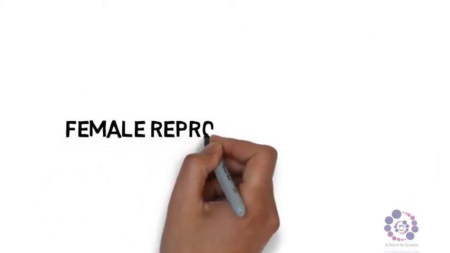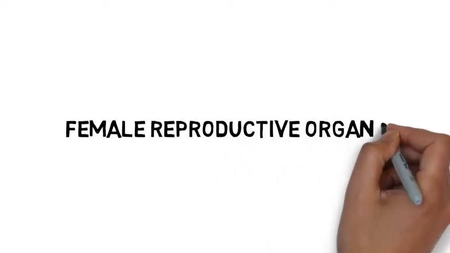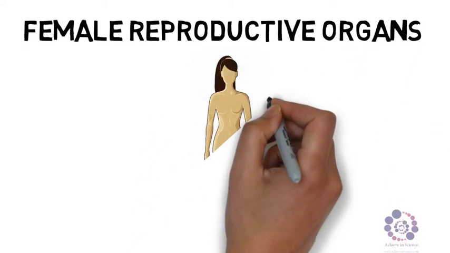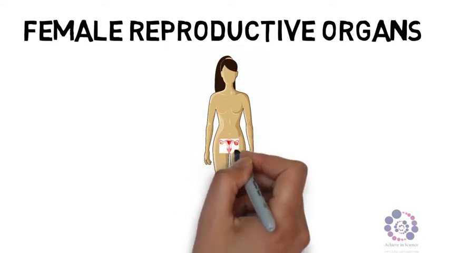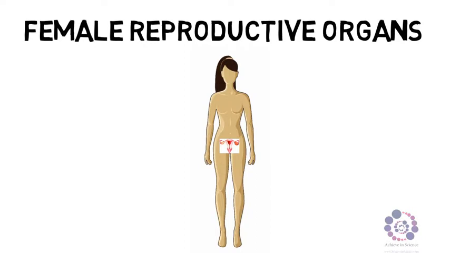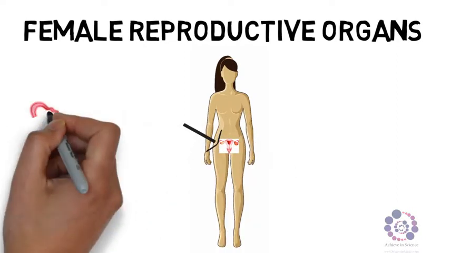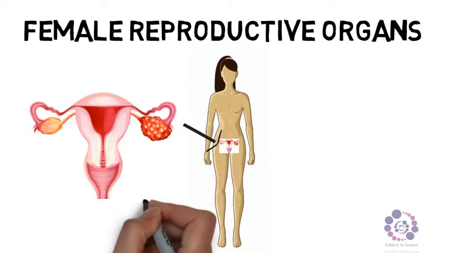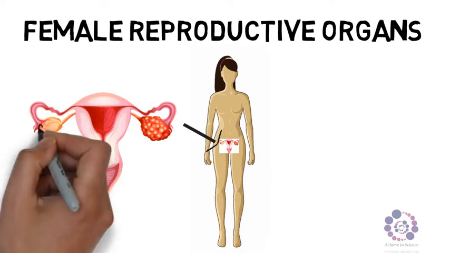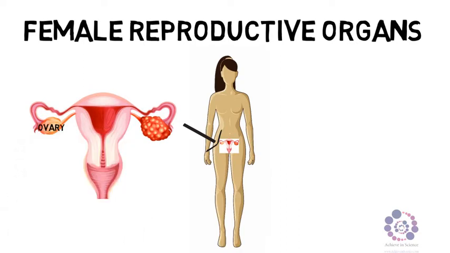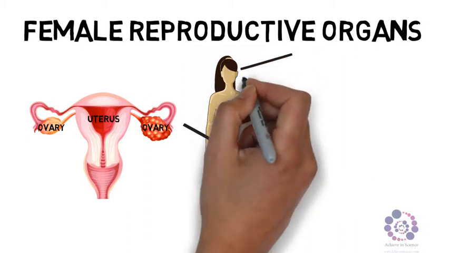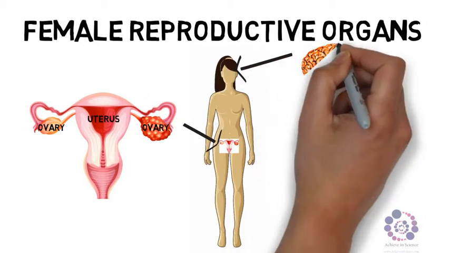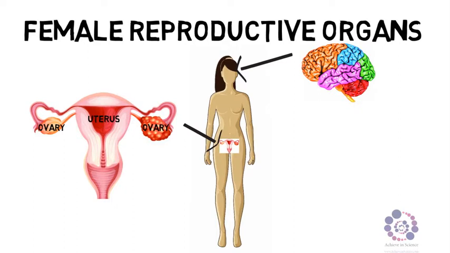If we look at the female reproductive organs, we can see here on the diagram that we've got the main reproductive organs at the base, which consists of the ovaries and the uterus. But also linked to this, the pituitary gland is important within this cycle, because within the brain there is a special gland called the pituitary gland.